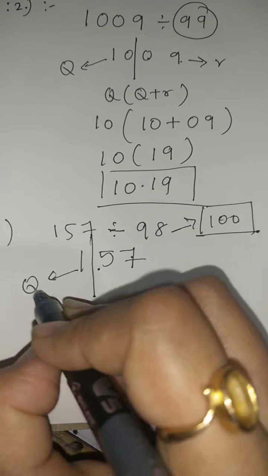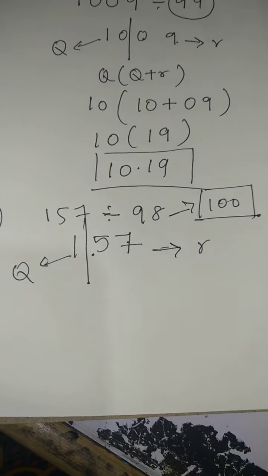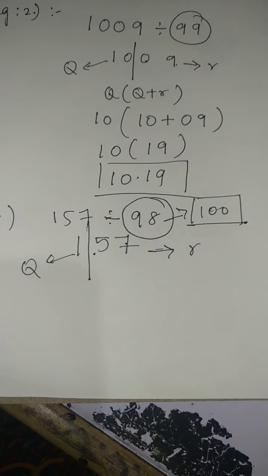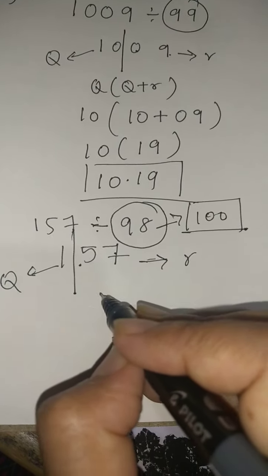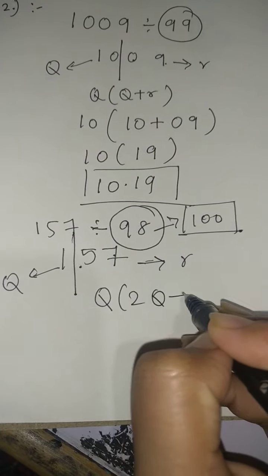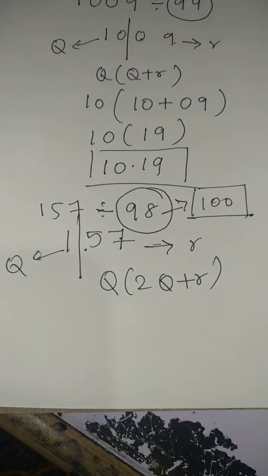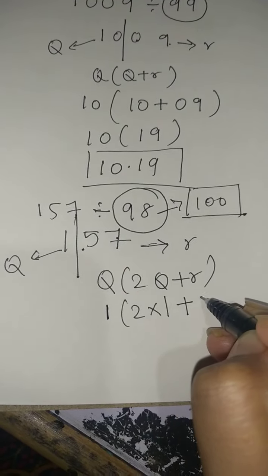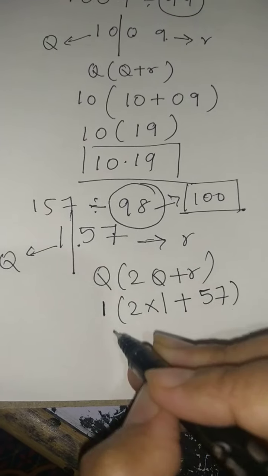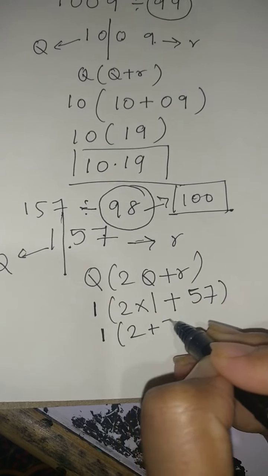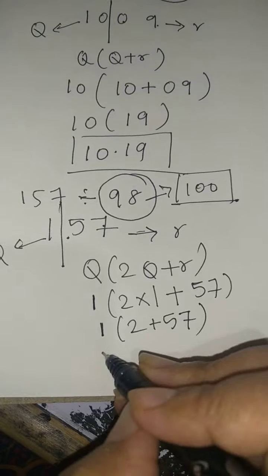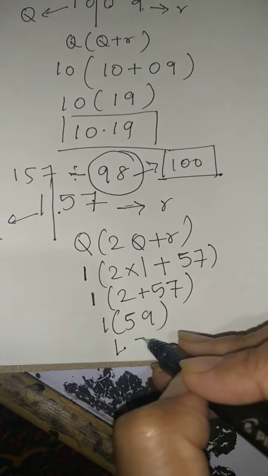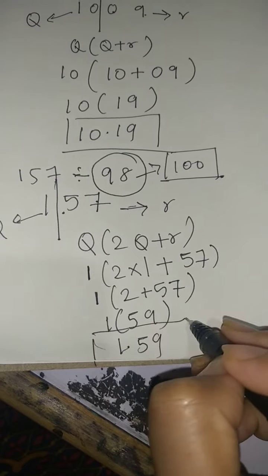This one is my q, 57 is my r, but because I am dividing with 98, what is going to be my formula? q, 2q plus r, right? So that is 1, 2 into 1 plus 57, that is 2 plus 57, right? That is 159. So my answer is 1.59.